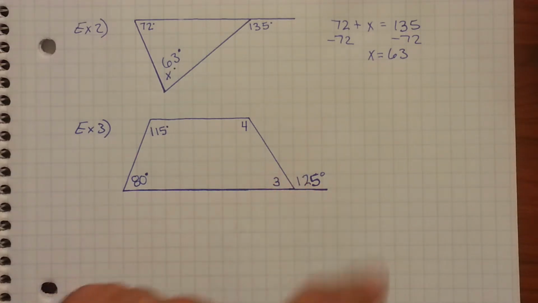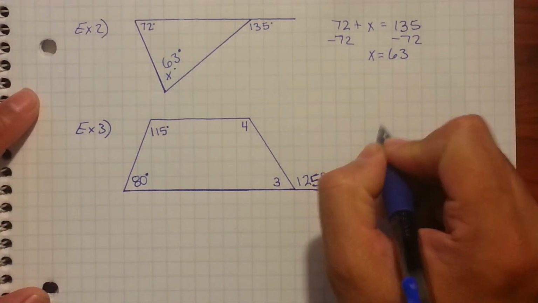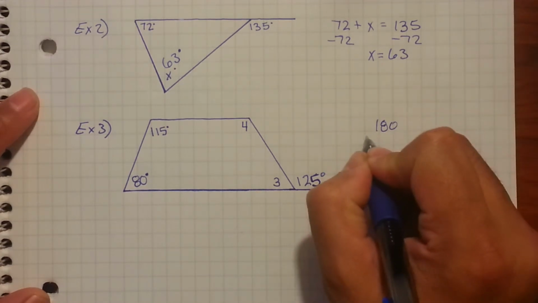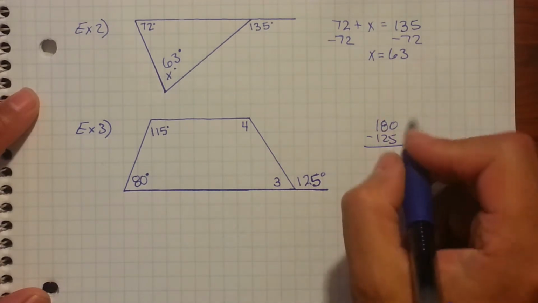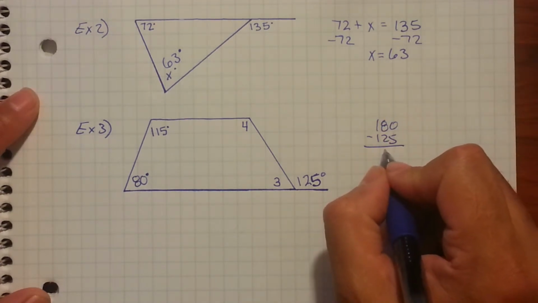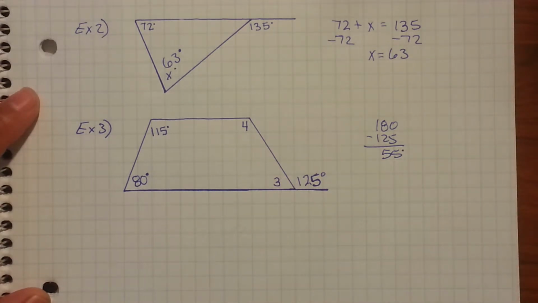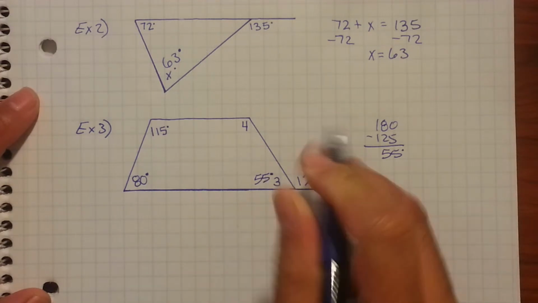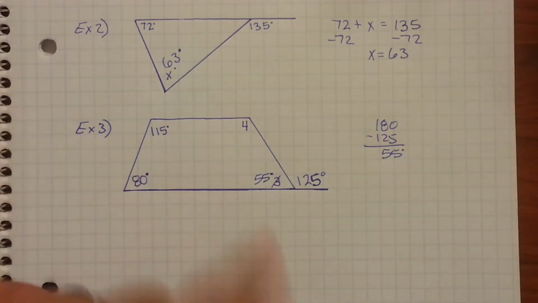So I would start with 180 minus 125, and that should give me 55 degrees. So this is going to be 55 degrees for angle 3.